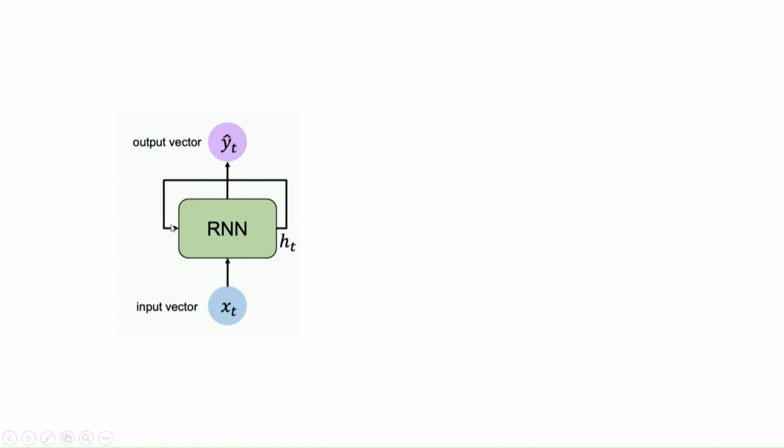neurons themselves. In this diagram, at some time step t, this network will take the input vector xt, process it, and produce the output vector y hat t.